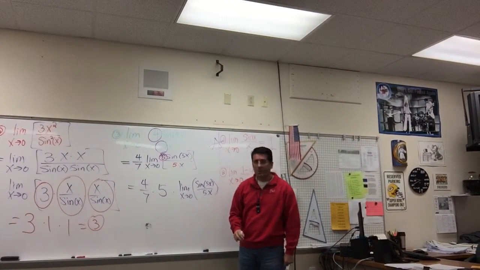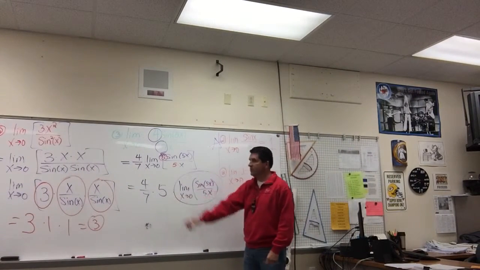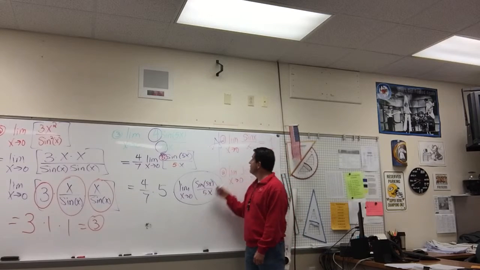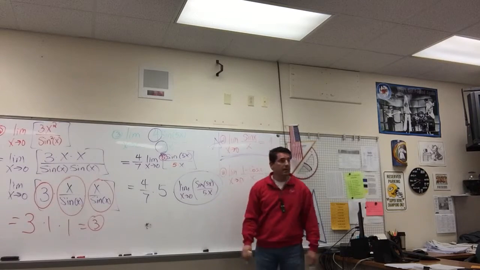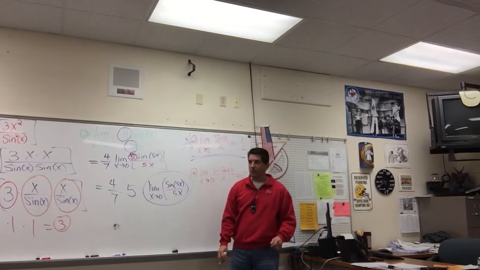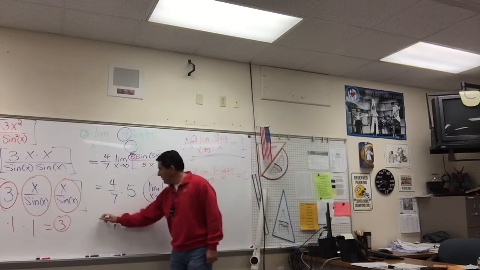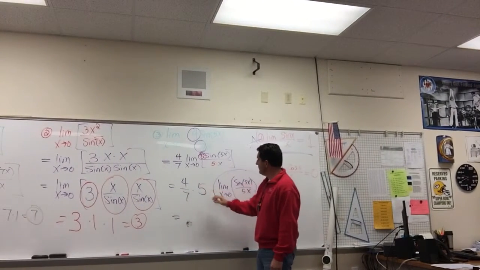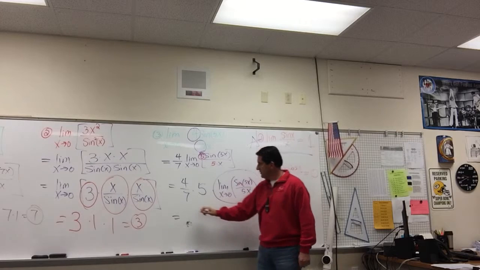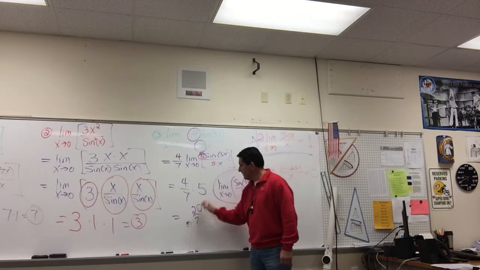And that's going to be 1. Anytime you see this, and it's got to be of the form of one of those that we said, bam, the limit is 1. So here, it's 4/7 times 5 times 1, so the answer is 20/7.